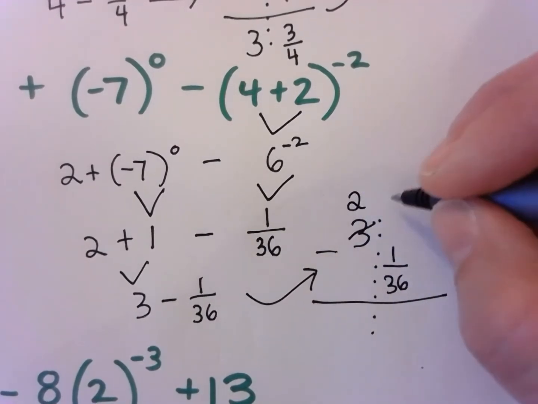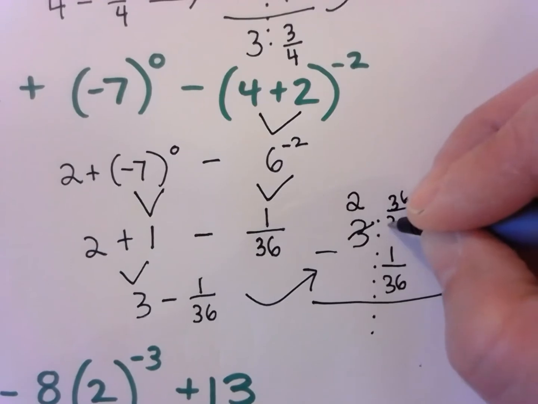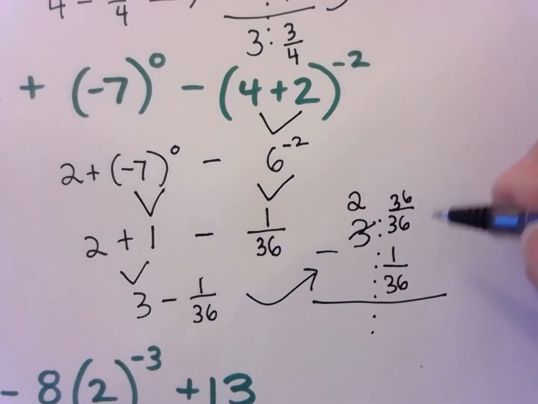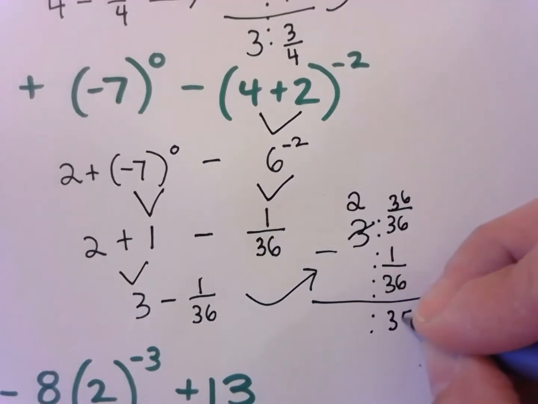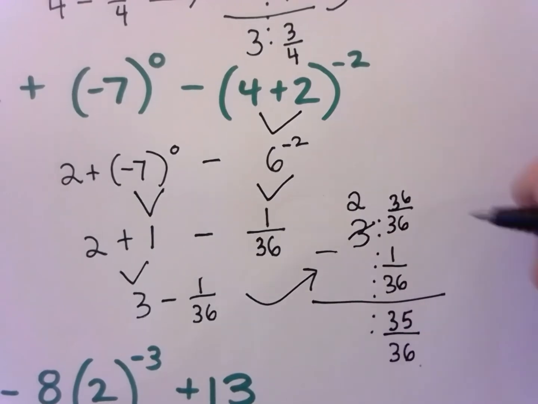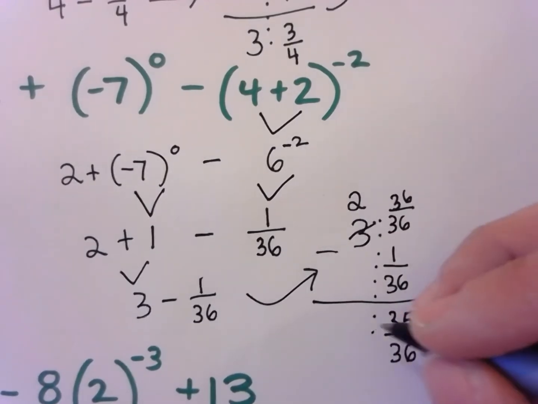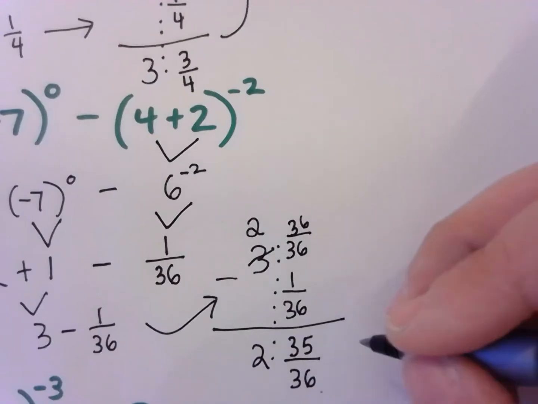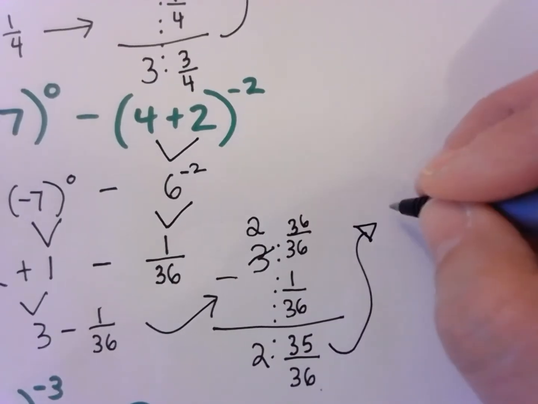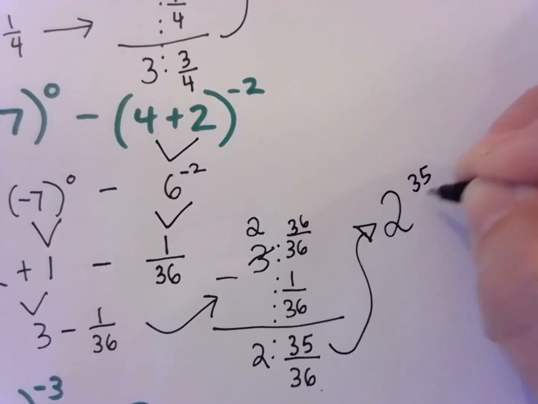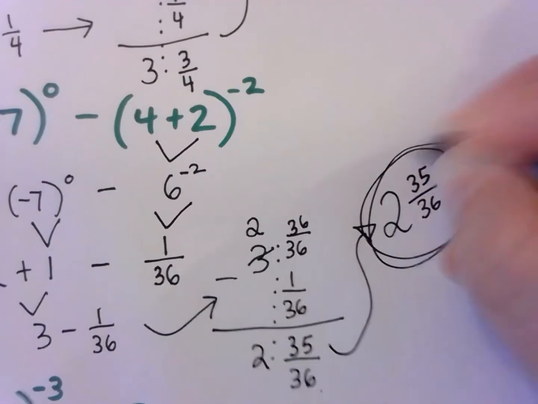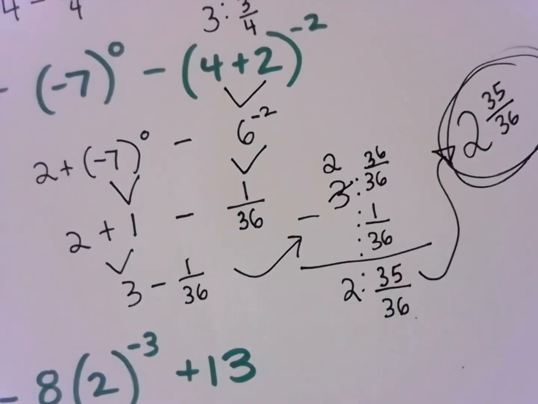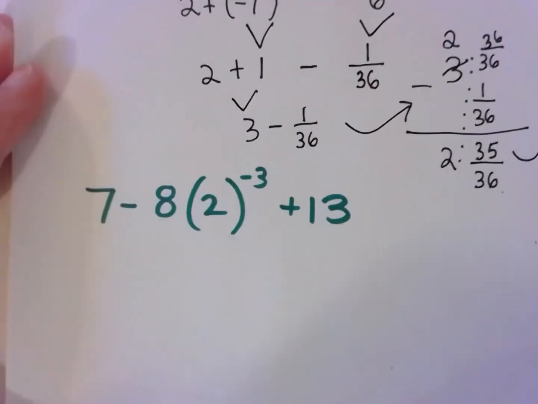The 3 becomes a 2. Let's make this 36 over 36. 36 minus 1, 35 over 36, and 2 minus 0 is 2. So, grand finale answer from that whole thing, 2 and 35/36. Oh my god, we are making history right now.